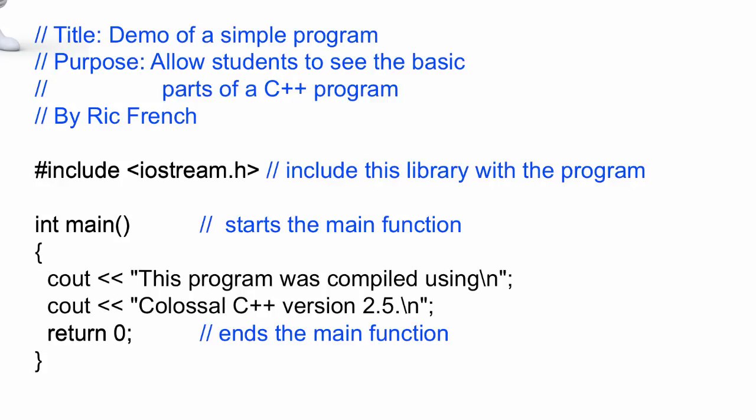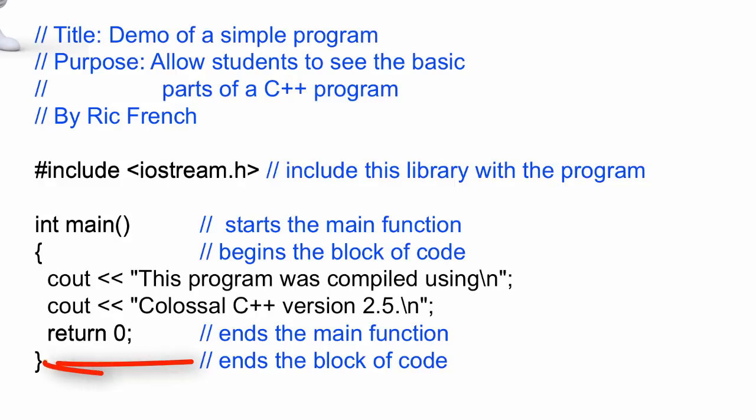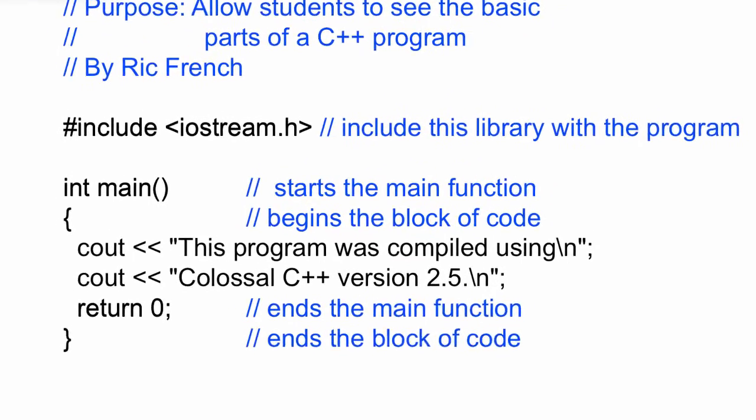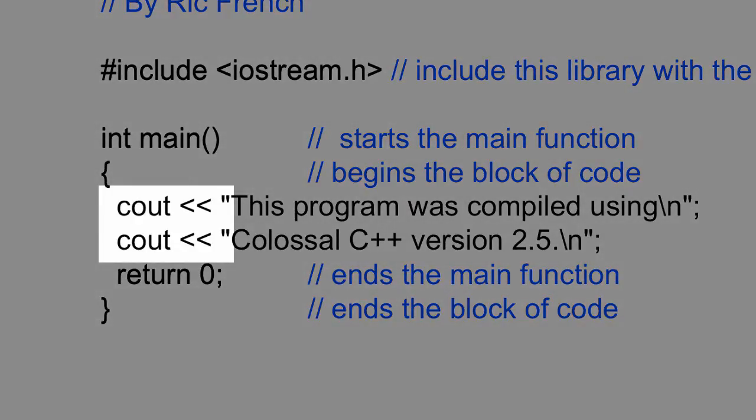There are also a couple other things. We can begin the code here with the left-facing brace, the open brace, and we're going to close it down here with the right-facing brace. The two lines in the middle are simply statements. Now, cout left left, those two brackets. Those are brackets, not braces, excuse me. So cout, that's the way you say that.